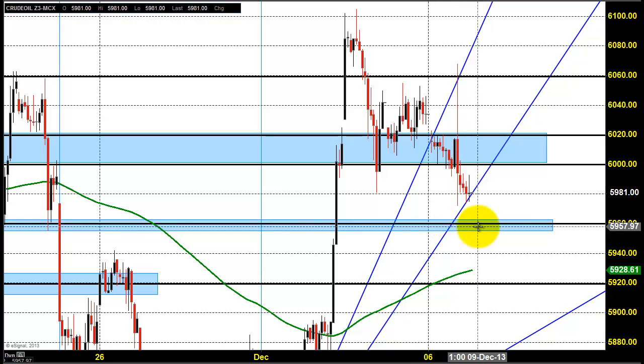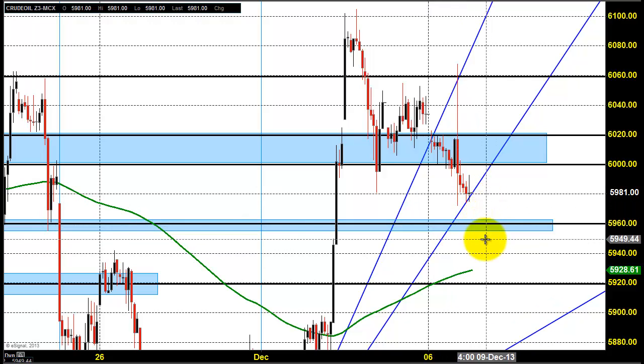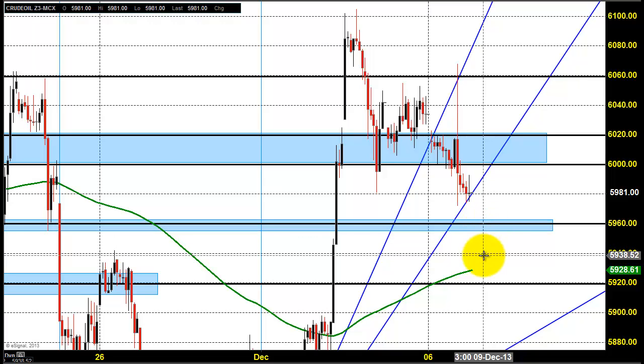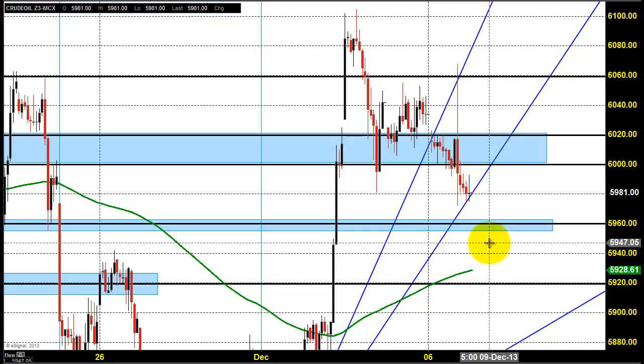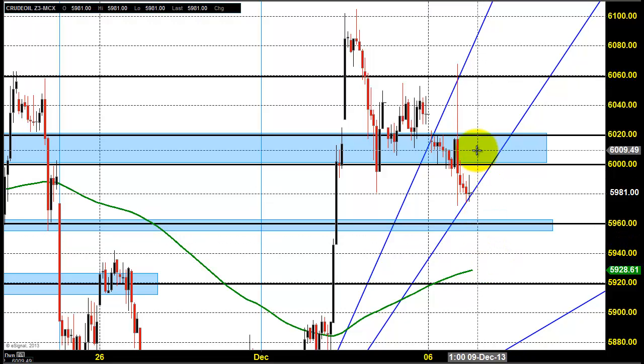And you can notice that if the price comes down below 5960, if there is a closing below 5960, then there will be a price reversal. The trend can possibly reverse. So take these two zones.